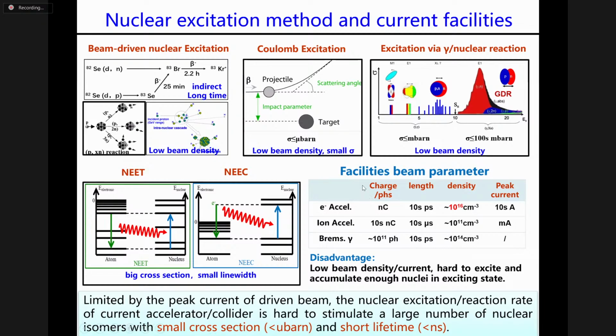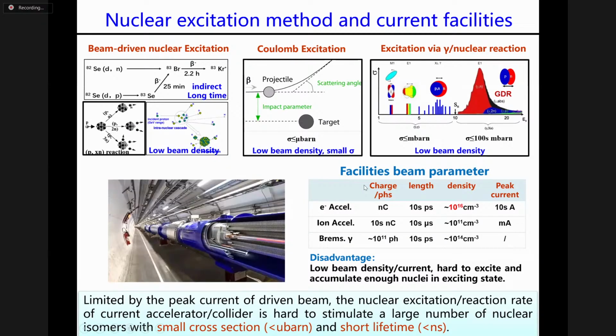But unfortunately, right now some facilities, for example, some accelerators or some colliders, the peak density of the beam or the radiation is at a level of 10^16. For example, the electron accelerator BEPC, the Beijing Electron Positron Collider, the density is only 10^16, and some ion accelerators are even lower.